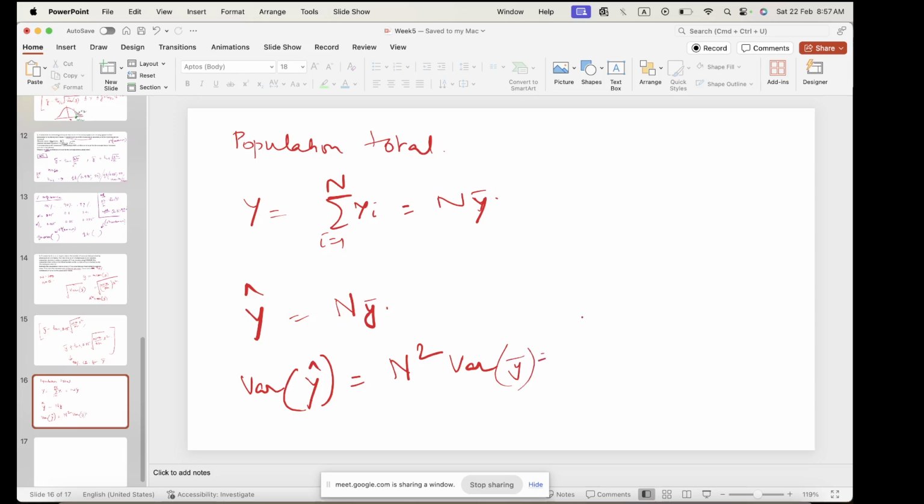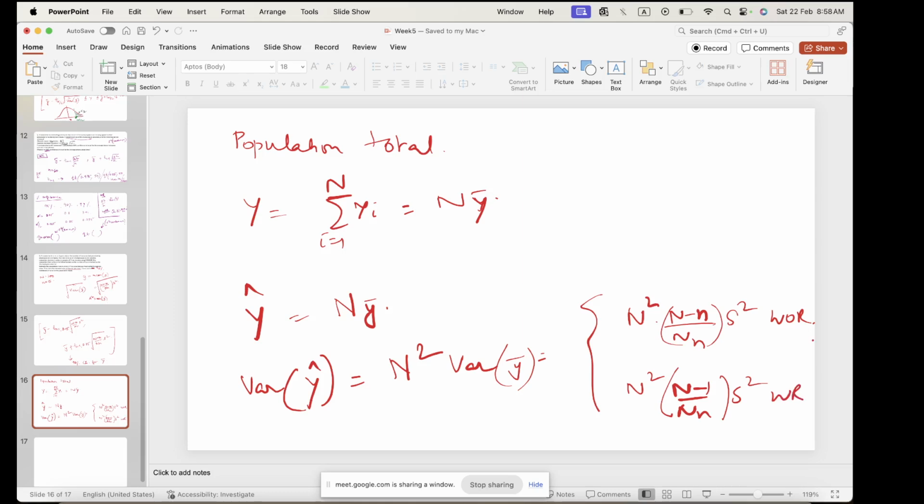Okay, and this becomes N square into (N minus n) by N n, capital S square in the case of WOR, and N square (N minus 1) by N n, capital S square in the WR case.